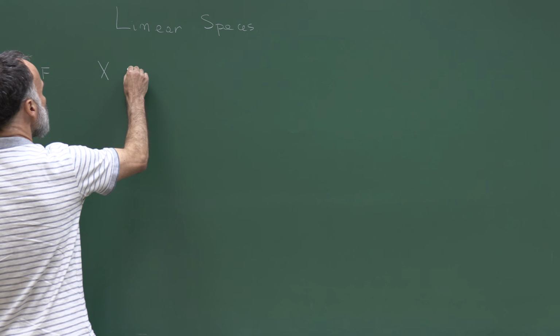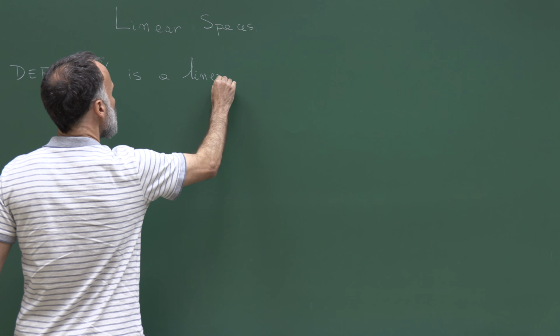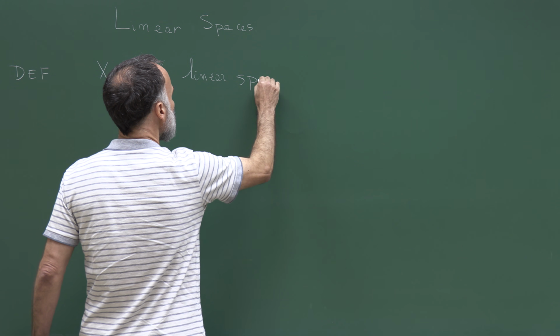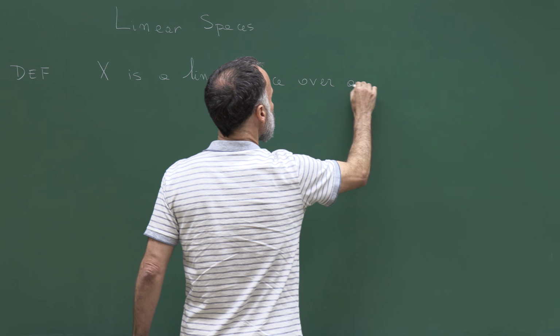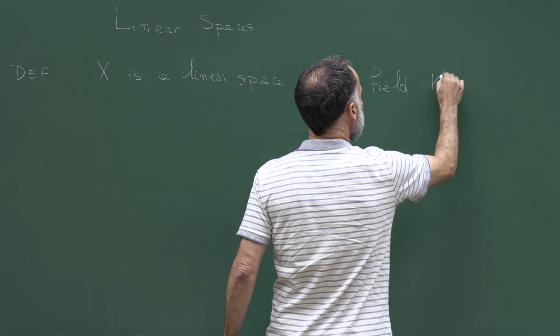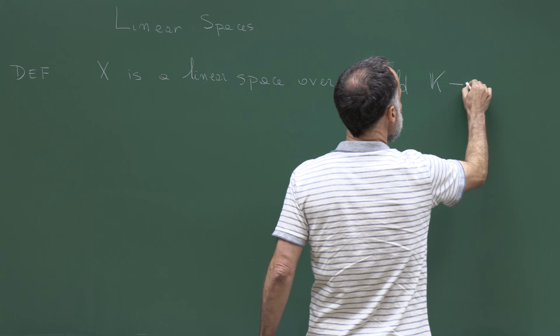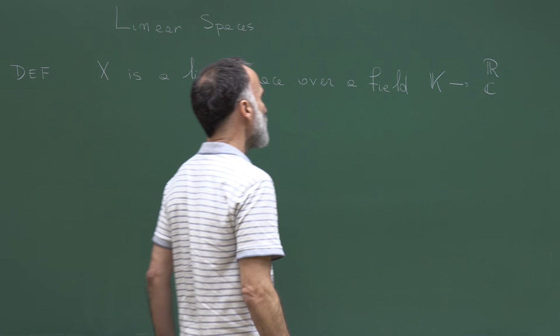X is a linear space over a field, which will be represented by K. So this field will be either the real or the complex.